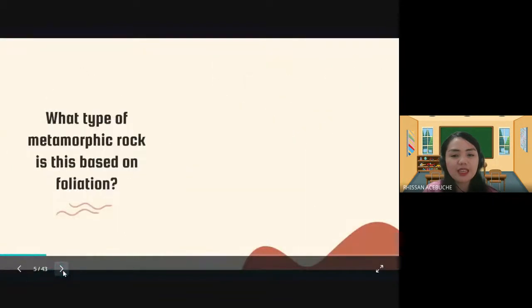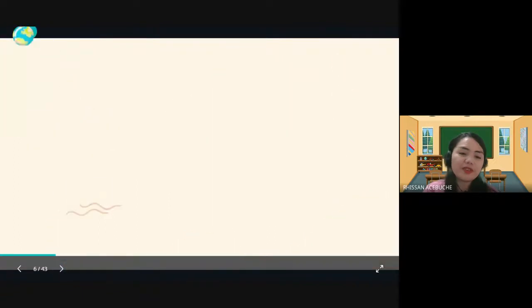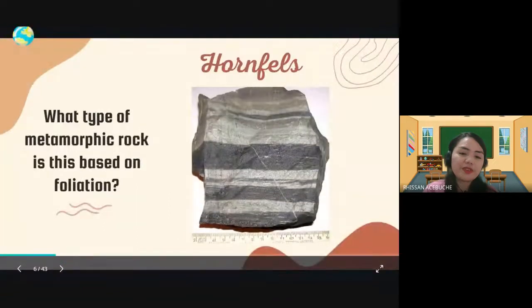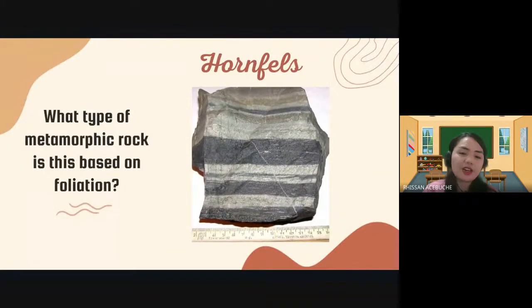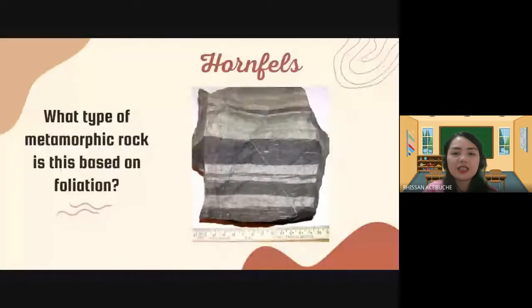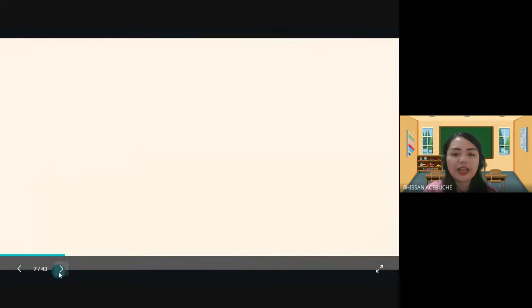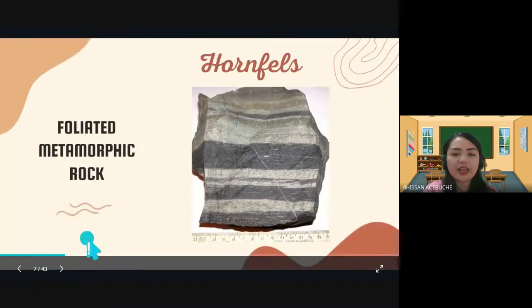Yes, it's a foliated metamorphic rock. The second one, let me choose another student. Yes, Jewel. What is this metamorphic rock? Foliated din po. Correct. So hornfels is a foliated metamorphic rock.